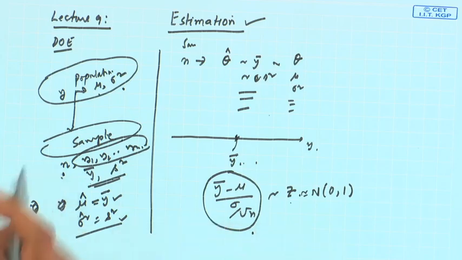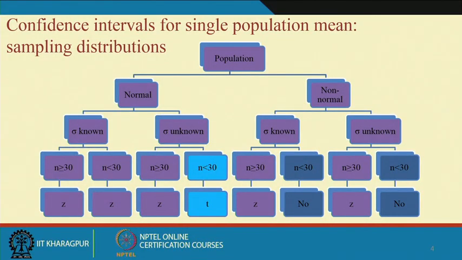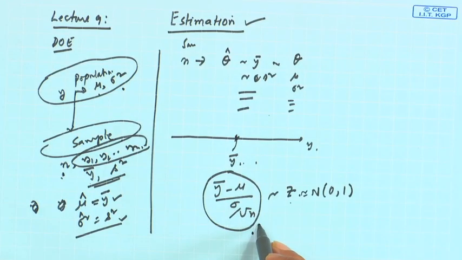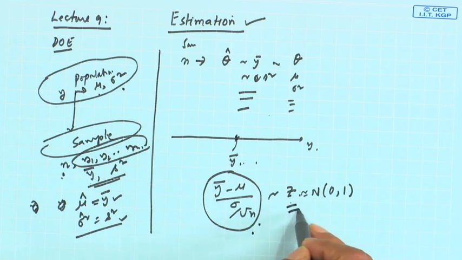Okay. So, what is the message here? If you are sampling from a normal population with known population variance, then irrespective of the sample size, the statistic y bar minus mu by sigma by root n follows Z distribution.